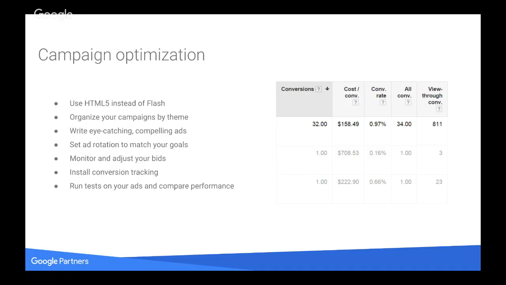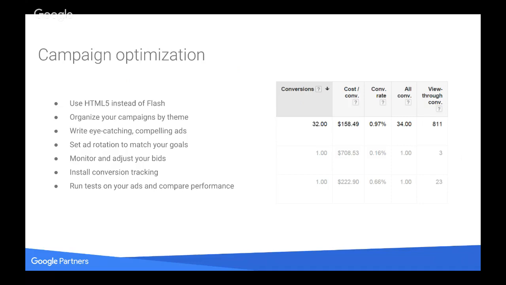Obviously, write eye-catching and compelling ads, even more so on the display network. Take advantage of all the ad types that we have to offer and set your ad rotation to match your goals. So if you want more conversions, set your ad rotation so that you get more conversions. If you want more brand awareness, make sure you rotate your ads evenly so that you can see exactly how each creative is doing in the ad auctions and what's getting more results for you.